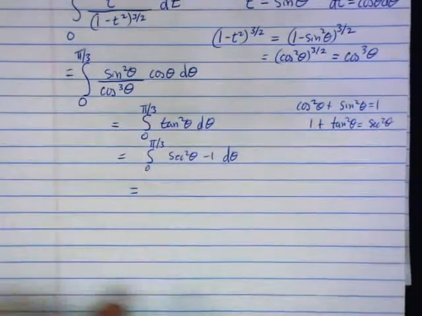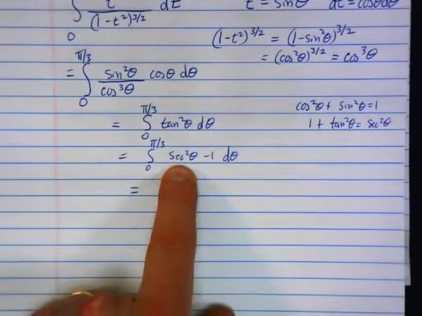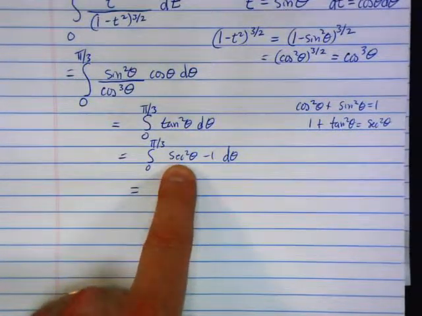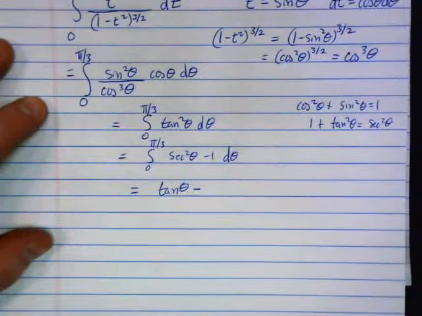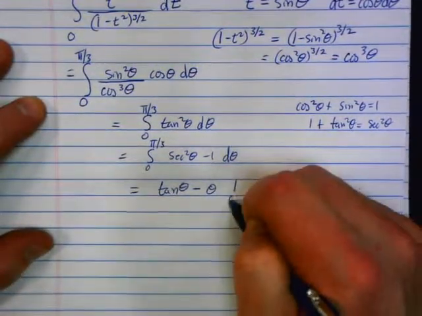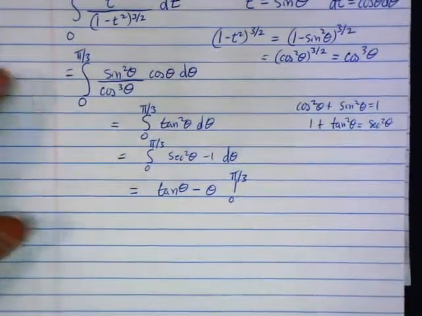And that's very helpful because I know the antiderivative of secant squared. The antiderivative of secant squared is tangent, so that's tangent theta, minus the integral of 1, theta, from 0 to pi over 3.